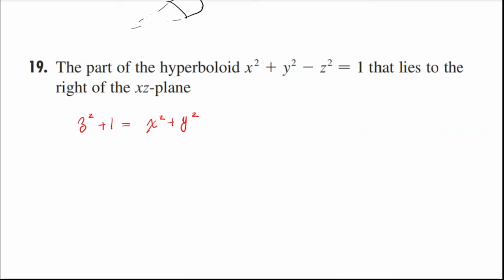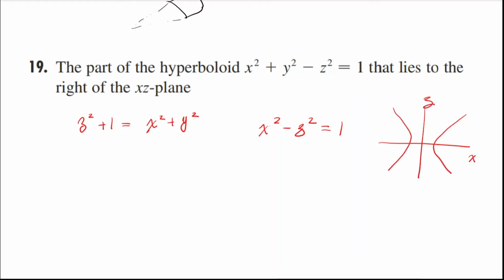Well, let's forget y for now, right? And then just look at x and z. Do you see that x squared minus z squared is equal to 1? Do you see this thingy between x and z?